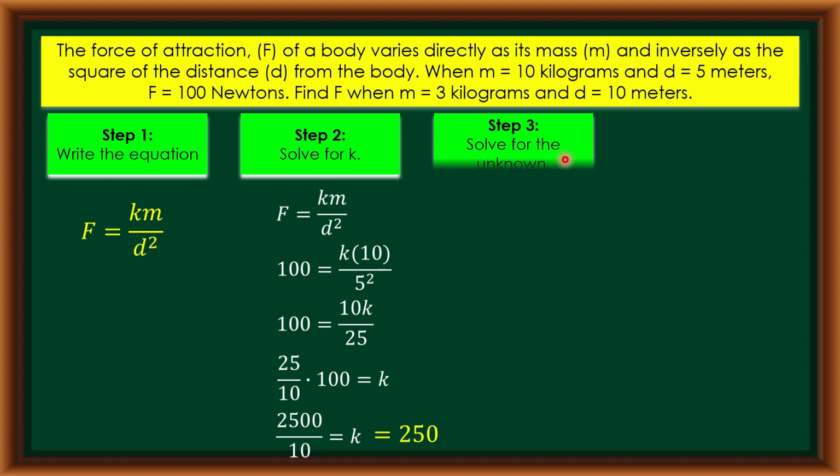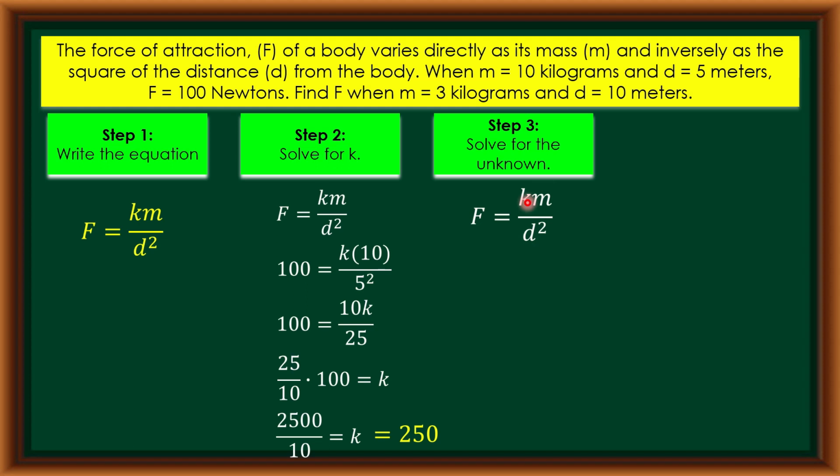So let us now solve for the unknown. From here, we are asked to find the value of F when M is equal to 3 kilograms and D is equal to 10. So using the equation in step 1, F is equal to K M over D squared, then our F will be our unknown, M will be equal to 3, and 10 will be equal to D, in which our constant is equal to 250.